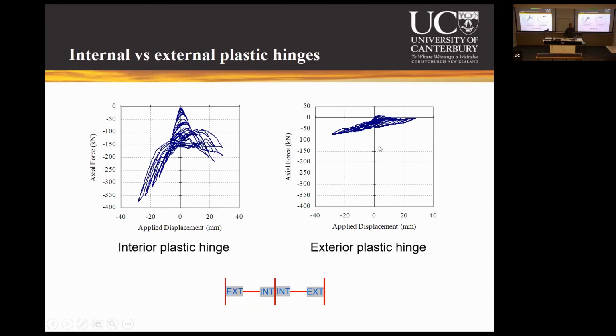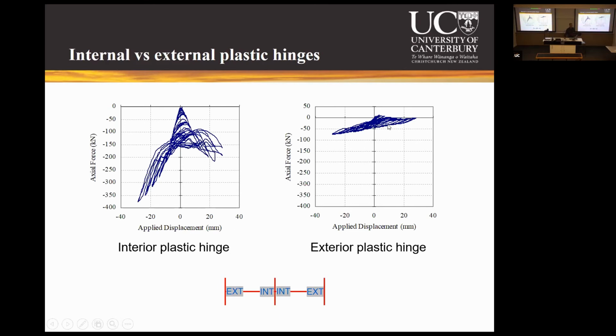And in the axial forces, in the internal plastic hinge much larger axial forces were developing. That's why the elongation in the internal plastic hinges should be less, and let's see what the analysis shows.